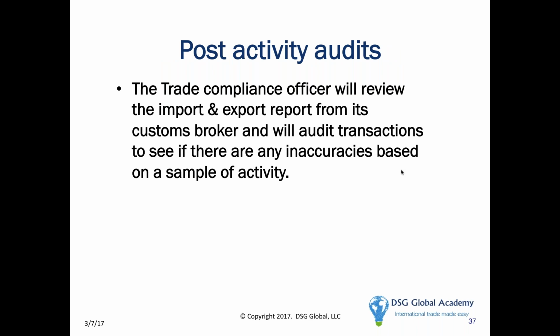I recommend for most of my companies that they at least eyeball the entry documentation. You can do a sample review. If you get thousands and thousands of entries, maybe do a sample review of 5%. Really what you're checking for is any obvious human errors. Let me give you an example.